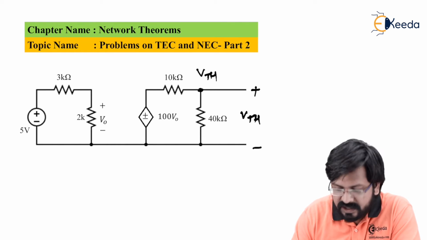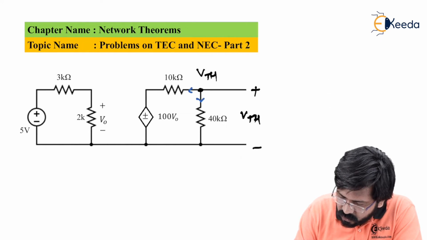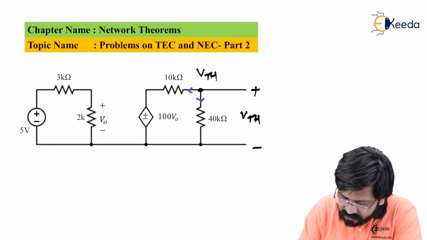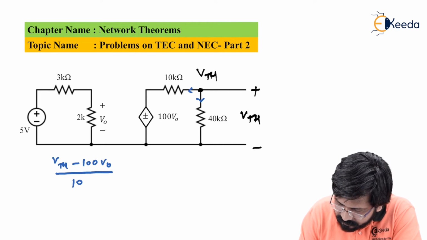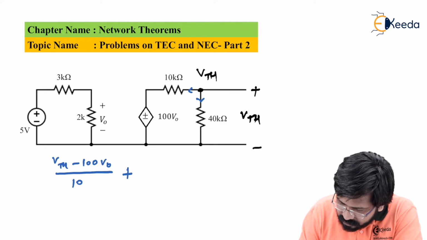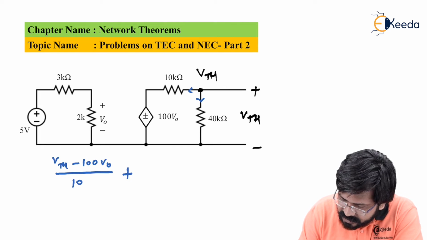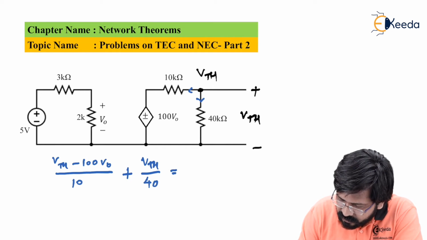If I apply KCL at this node, I'll take 2 currents as outgoing currents. So by KCL, I can have the equation as (VTH minus 100 times V0) upon 10K, plus, I'll take the second current as VTH upon 40, which is equal to 0.